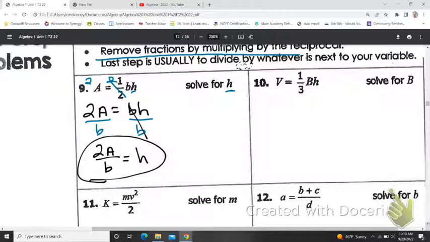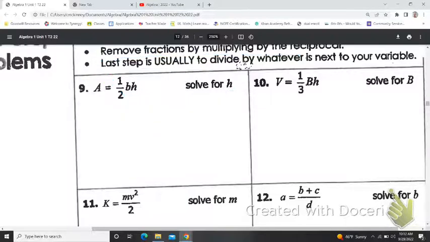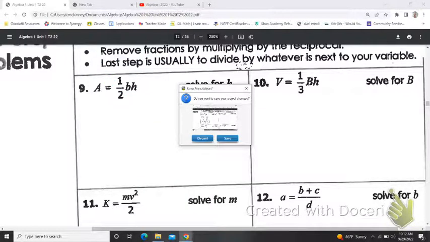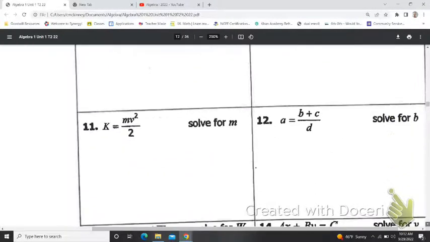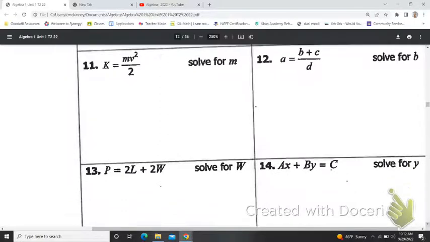For number 11, we are solving for m. Remember, there's multiple variables. The same problem could say solve for v. So we have to always pay close attention to which one am I supposed to get by itself. So in 11, I'm supposed to get m by itself. So I'm going to multiply both sides by 2. On the right, that gets rid of the fraction.